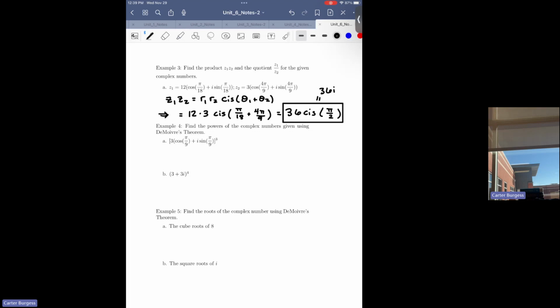That's good. So when we do this division, we subtract. Look at this. We divide the r's, subtract the thetas. Yep. Looks great.